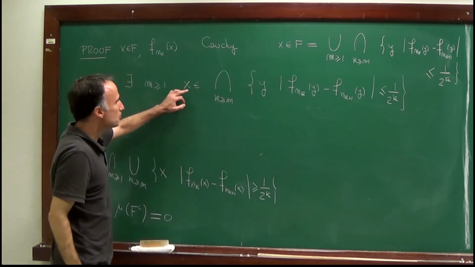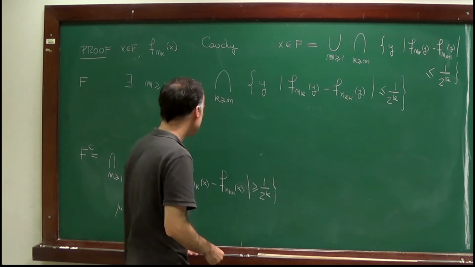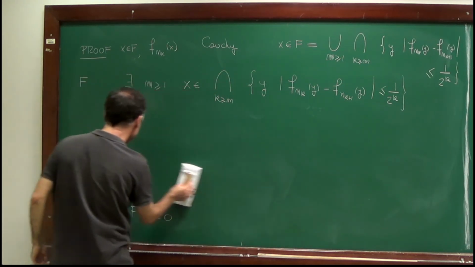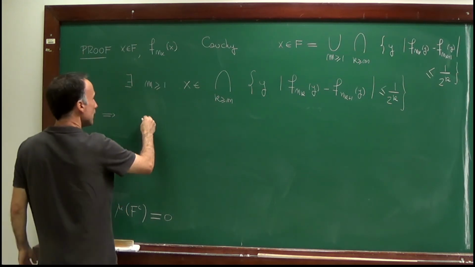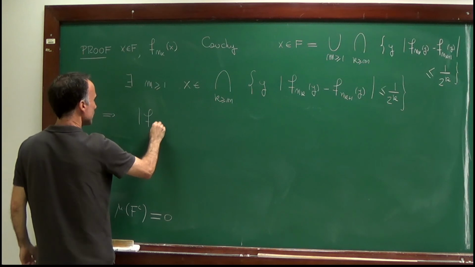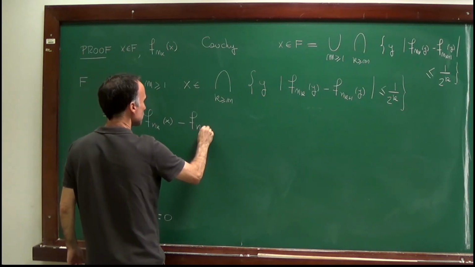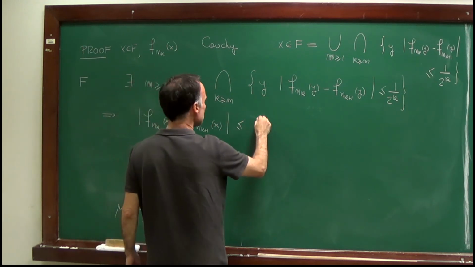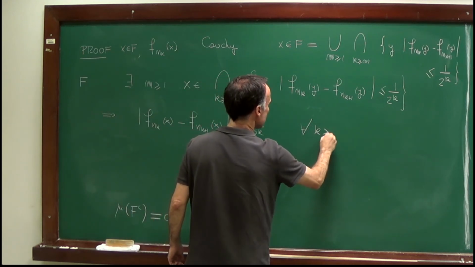So our point x belongs to this intersection, so it belongs to all of these sets. And since it belongs to all of these sets, this means that f_{n_k}(x) minus f_{n_{k+1}}(x) is less or equal than 1 over 2^k for all k larger than m.